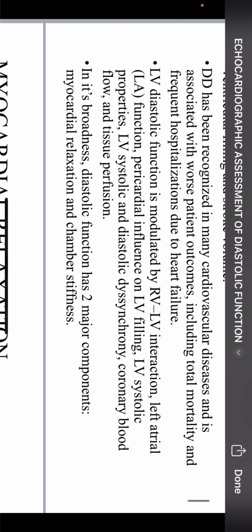Myocardial relaxation, we are seeing the first component. On a cellular level, relaxation occurs when actin and myosin cross bridges are broken. If you go back to physiology, you find the sliding filament theory, where the myosin head attaches to its binding site on actin, then ATP hydrolysis happens, a power stroke is initiated, and after the power stroke, the myosin head should release its binding site and then attach on another site.